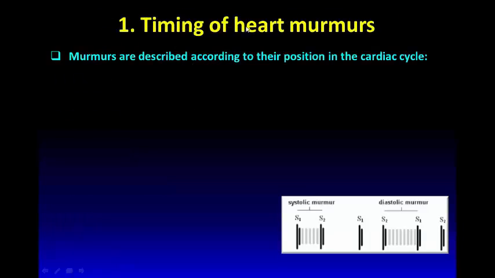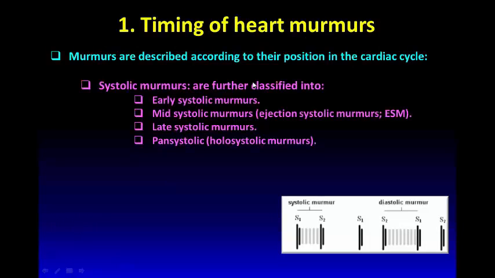Based on the timing of the heart murmurs in the cardiac cycle, murmurs could be classified into systolic murmurs, which are heard during ventricular systole. So they are heard between S1 and S2 because the time interval between the first heart sound and the second heart sound coincides with ventricular systole.